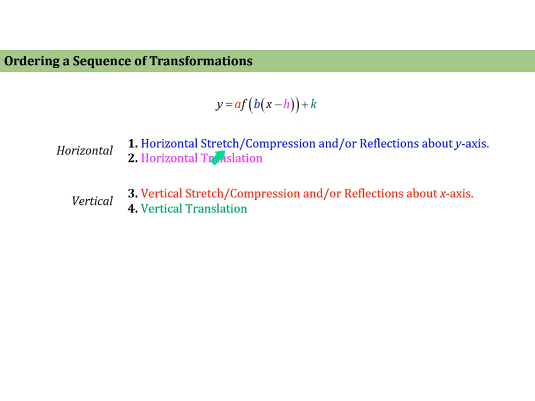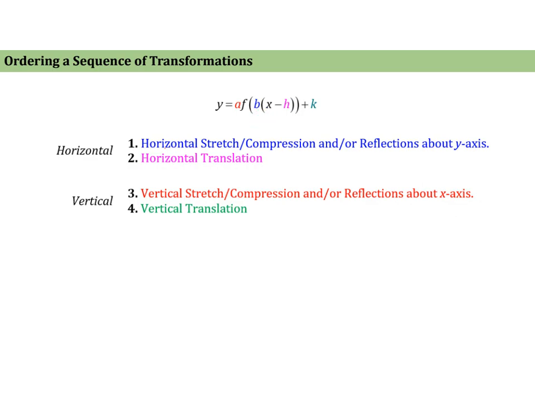So stretches, compressions, reflections go before translations in both the horizontal and the vertical cases. The key there is to make sure that you factored out from the inside any coefficient of x.